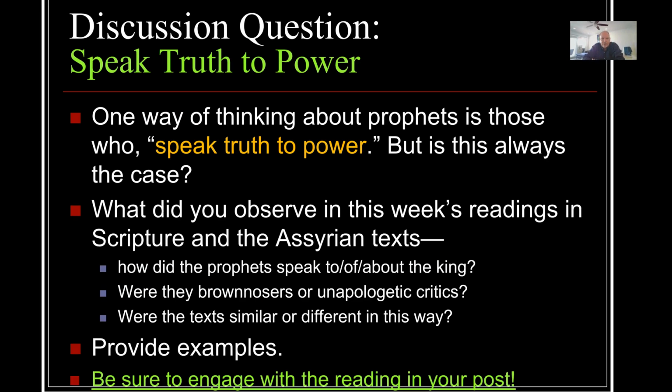The second assignment was speaking truth to power, and it was similar in that the question was, what did you observe in this week's readings in Scripture and the ancient Near Eastern text, answering 3 questions. How did the prophets speak to or about the king? Were they brown-nosers or unapologetic critics? And were the texts similar or different in this way?